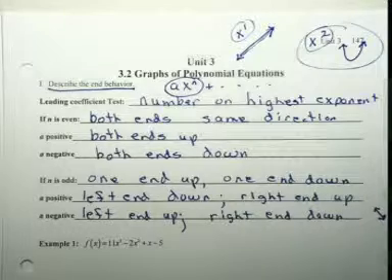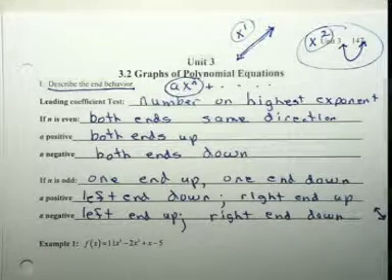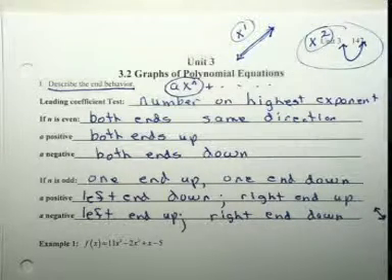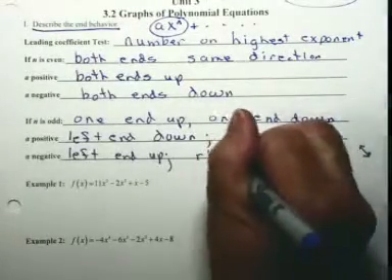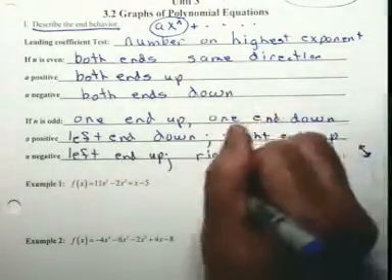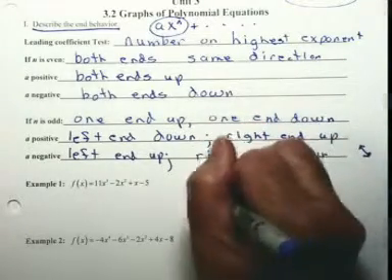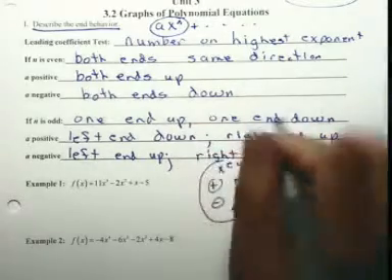So the first thing here, we're not going to be actually graphing it yet. We are going to describe the end behavior. I always think of it: if it's even and positive, think of a parabola. If it's negative, think of a parabola opening down.